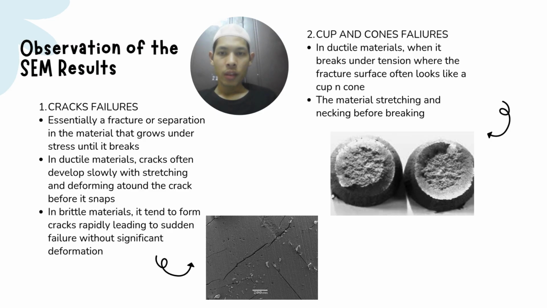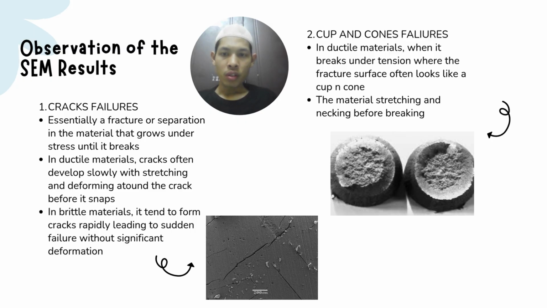Observation of the SEM result. First, crack failure. Essentially a fracture or separation in the material that grows under stress until it breaks. In ductile materials, cracks often develop slowly, with stretching and deforming around the crack before it snaps.